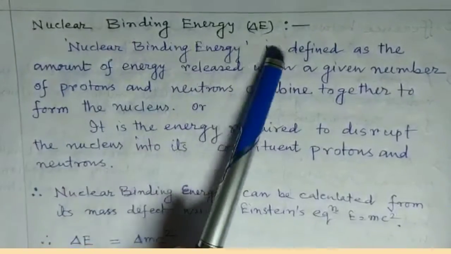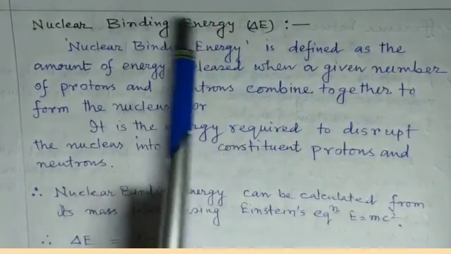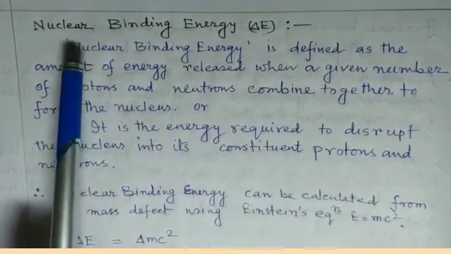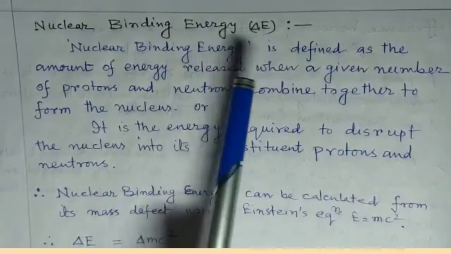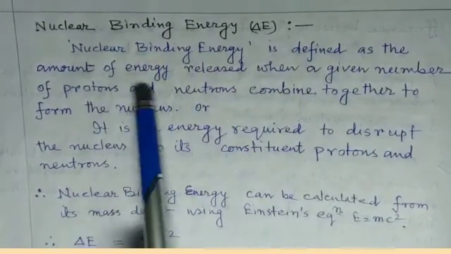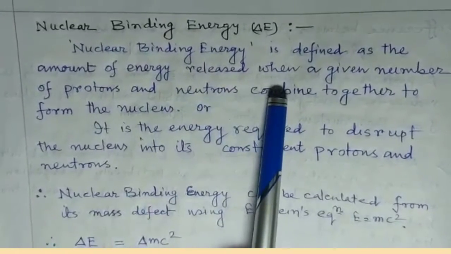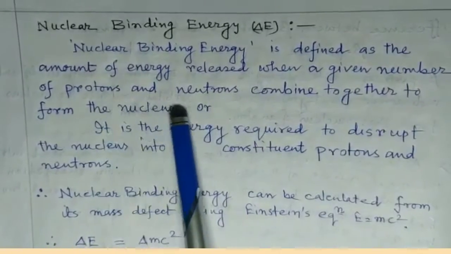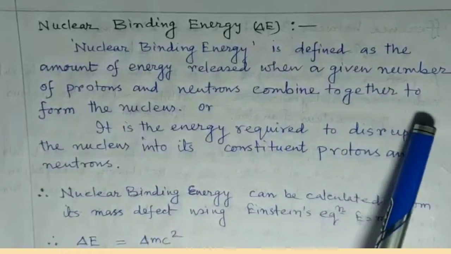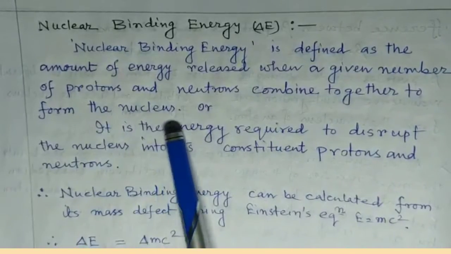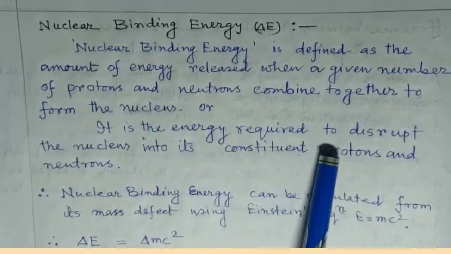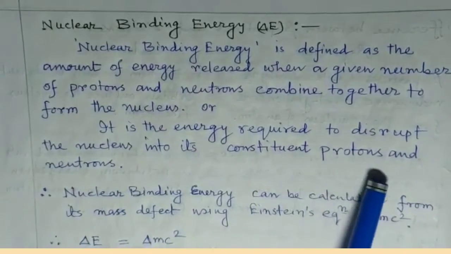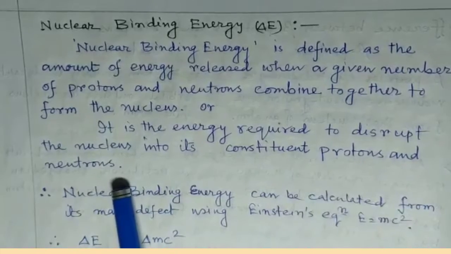Now, what is nuclear binding energy? Nuclear binding energy is always expressed as delta E, and it is defined as the amount of energy released when a given number of protons and neutrons combine together to form the nucleus, or it is the energy required to disrupt the nucleus into its constituent protons and neutrons.